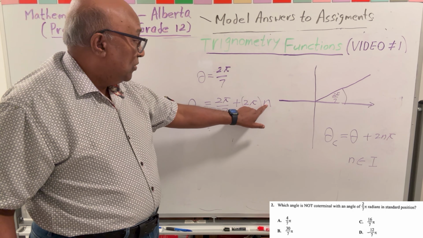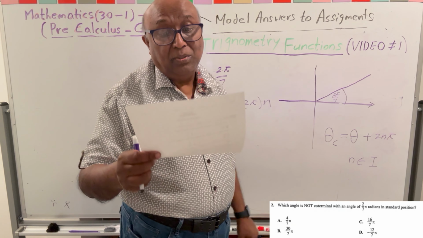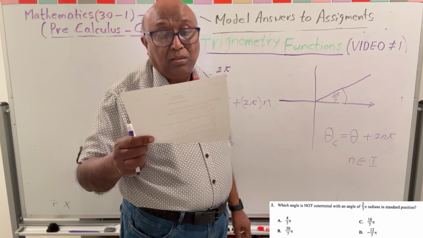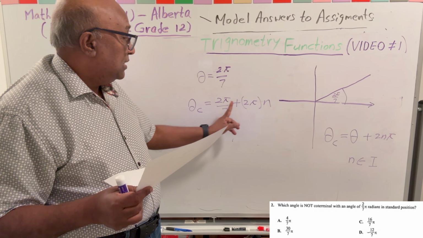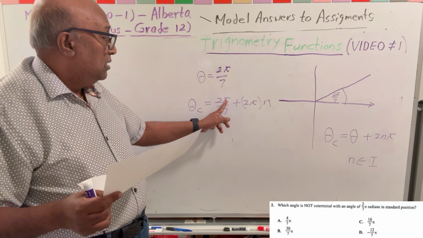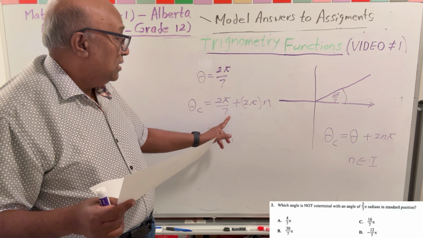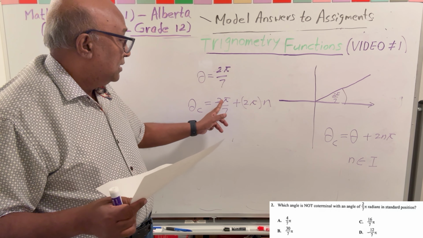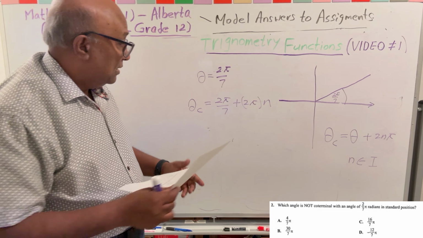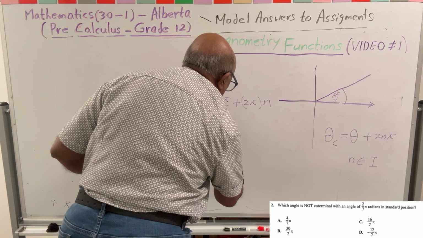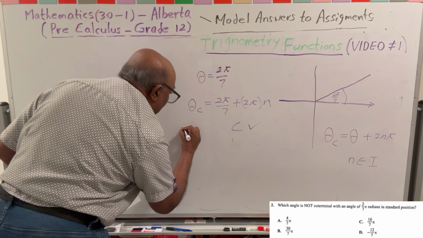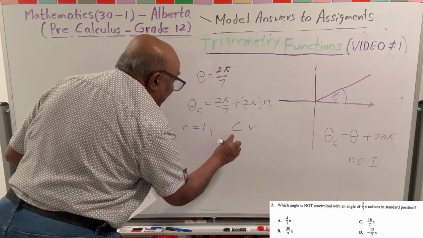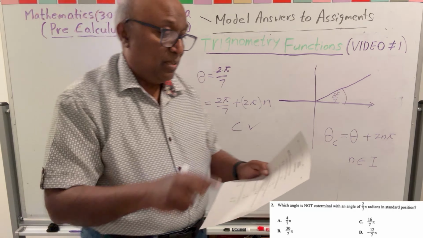If we put 0, that is this one itself. If we put 1, what is the answer? 2 pi upon 7 plus 2 pi: 7 times 2 is 14, plus 2 is 16, so 16 pi upon 7. That is C. That means C is right. When we put n equal to 1, we get option C.